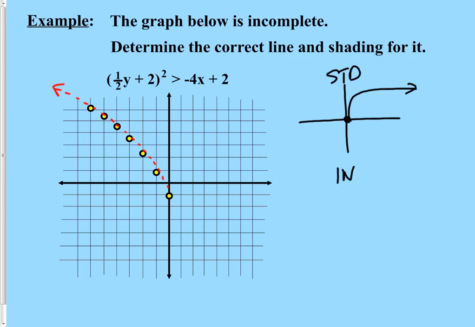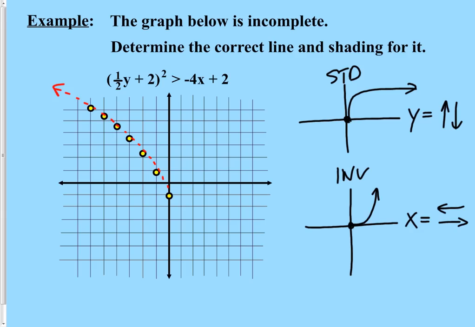The inverse, on the other hand, starts mostly outward and turns upward or downward. If it's a standard graph, then we're talking y equals, and the shading would be upward or downward. If it's an inverse graph, then we're talking x equals, and the shading would be leftward or rightward.